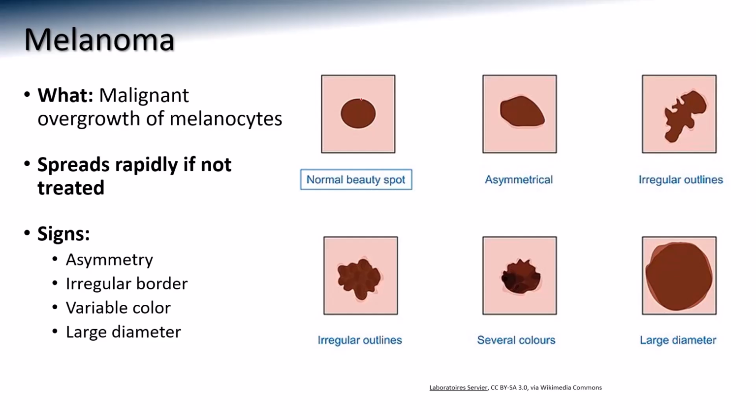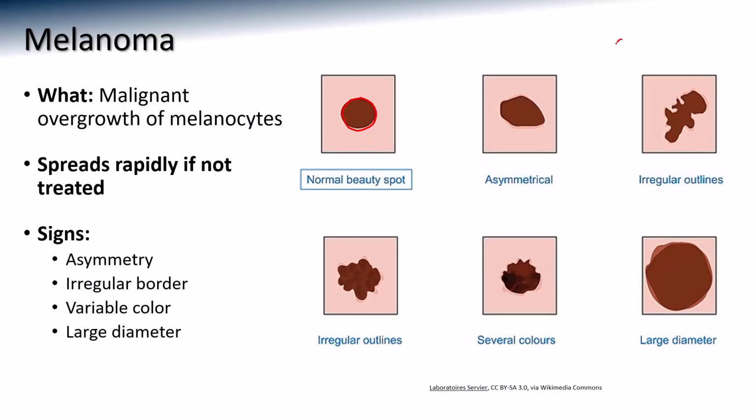So you notice here we have a pretty smooth outline, fairly small mole. A malignant growth from a mole then starts to look asymmetrical. So we go from having a nice shape here to having kind of an unpredictable shape here. We might see irregular outlines, okay, and this can take several different forms.